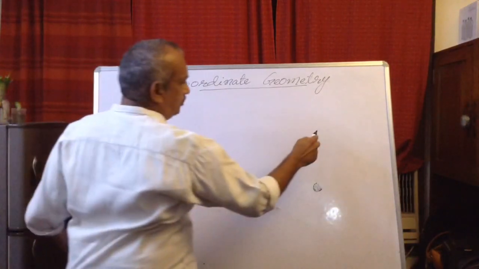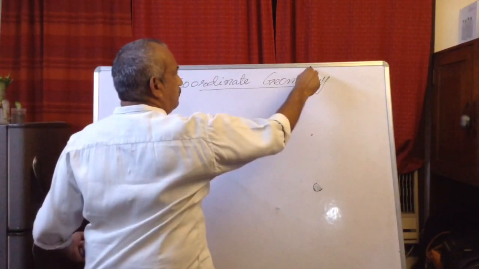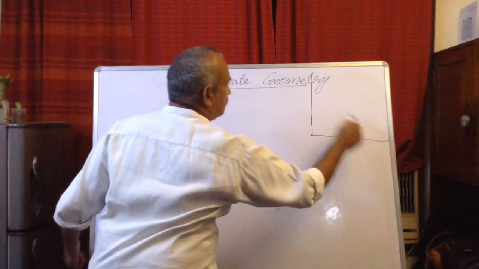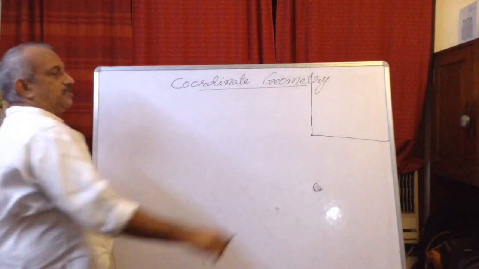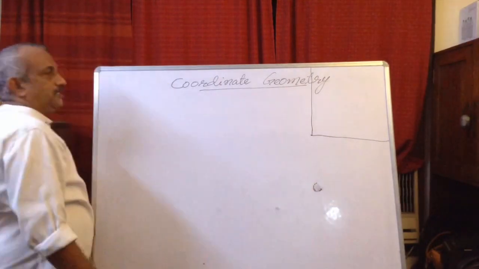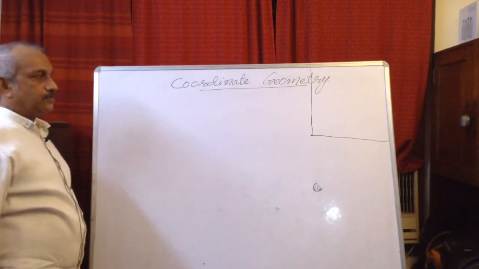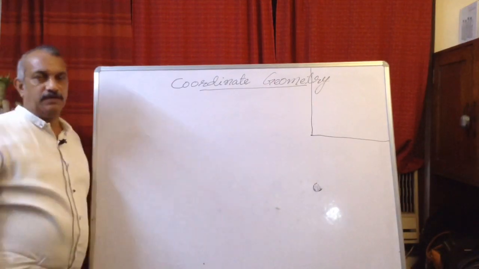Now suppose the point is here. She can measure this distance and this distance. If it is say 18 centimeters and 15 centimeters, there will be only one point like that. So exactly we can mark the same point.